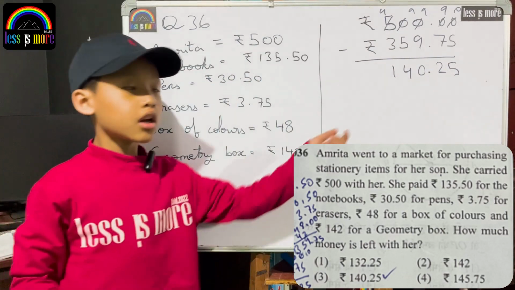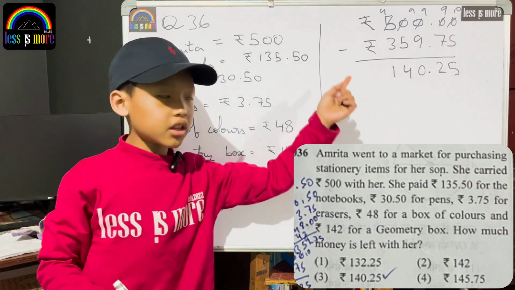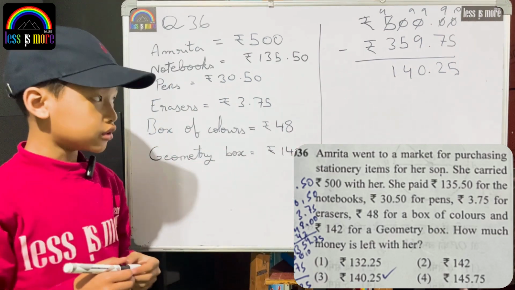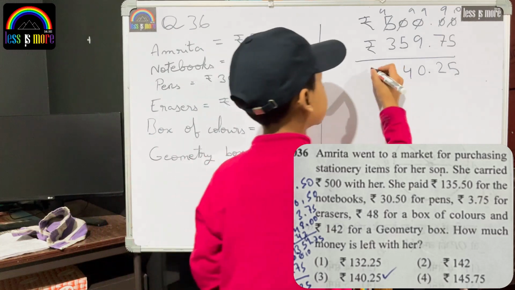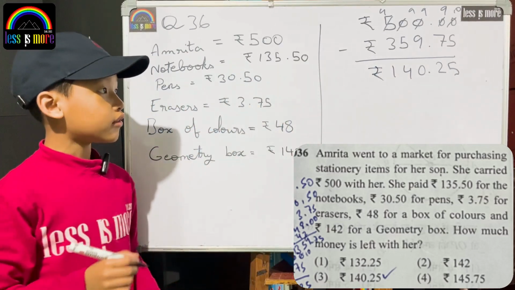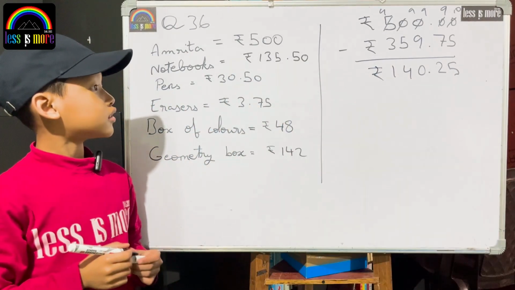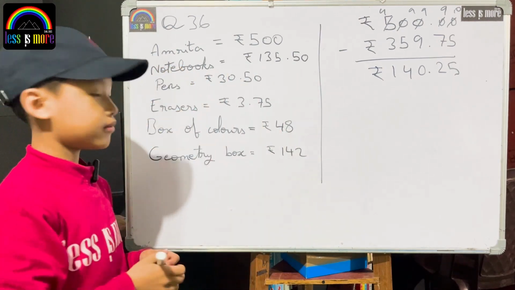Then the answer will be 140.25. The answer to question number 36 is rupees 140.25. This money is still left with her.